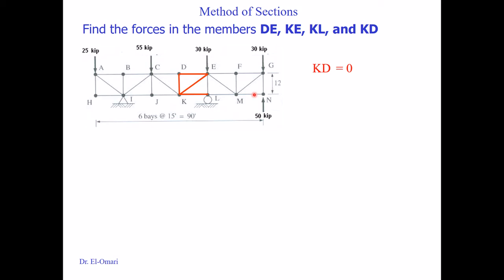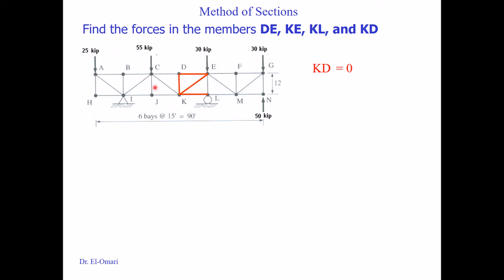So ME is a zero, this is 1. Two collinear, one non-collinear, MF is 0, this is 2. This is not a zero member because you have the reaction of that force and a non-collinear member, and you have another force, so you can't say that this is a zero force member. This we decided is a 0.